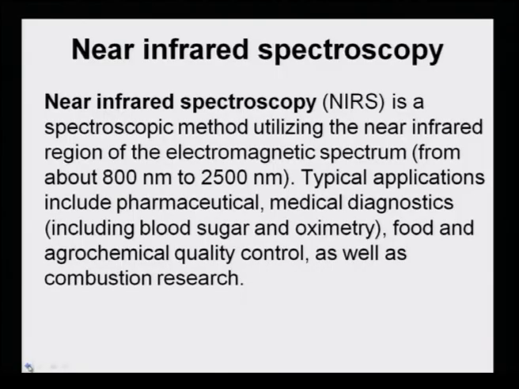Near infrared spectroscopy, which we will refer to as NIRS, is a spectroscopic method utilizing the near infrared region of the electromagnetic spectrum from about 800 nanometers to 2500 nanometers. Typical applications include pharmaceutical, medical diagnostics, including blood sugar and oximetry, food and agrochemical quality control, as well as combustion research.